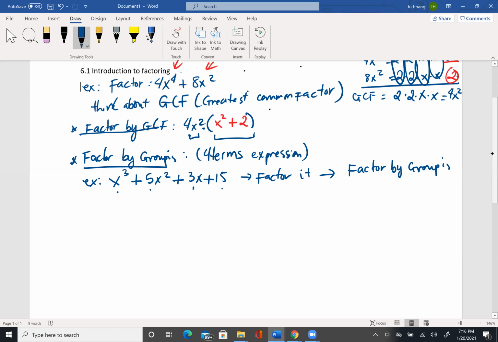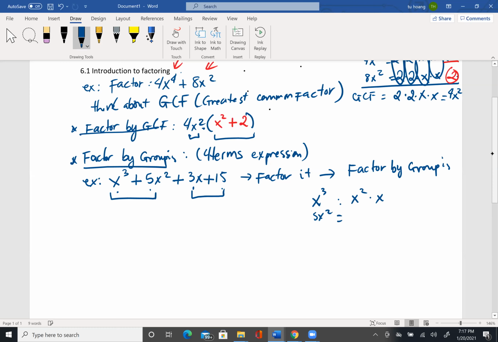And how can you do factor by grouping? You're just gonna try to find the greatest common factor of each 2 terms, right? Like if you use the first 2 terms, x cubed and 5x squared, you want to factor it by the greatest common factor. Okay, so if you have x cubed and 5x squared, you have x squared times x, right?